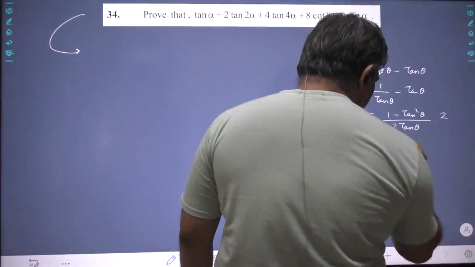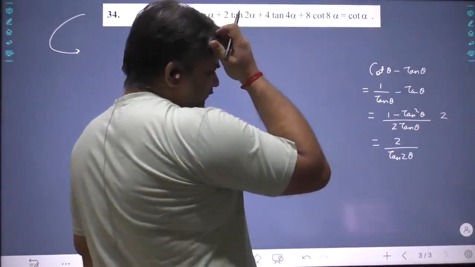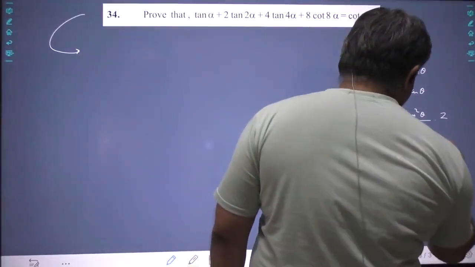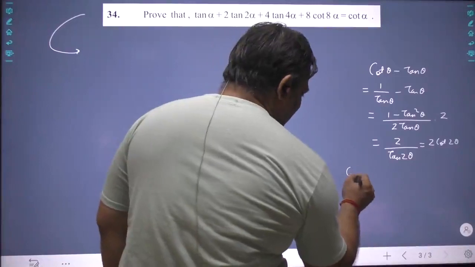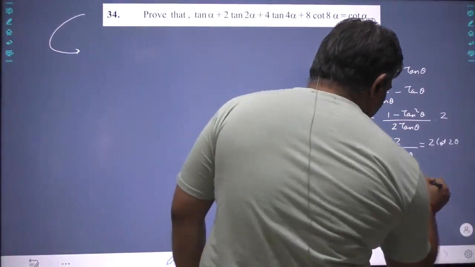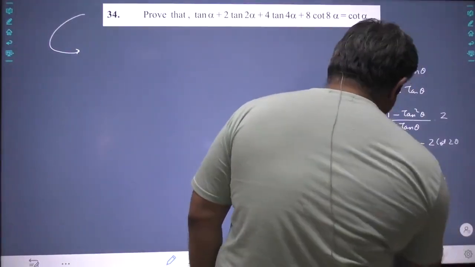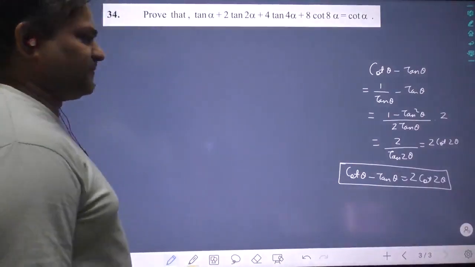So if you look at it very properly, here it is tan 2 theta. So we have a formula that this is 2 cot 2 theta. So I derived a very simple result which I will use. Cot theta minus tan theta is 2 cot 2 theta.